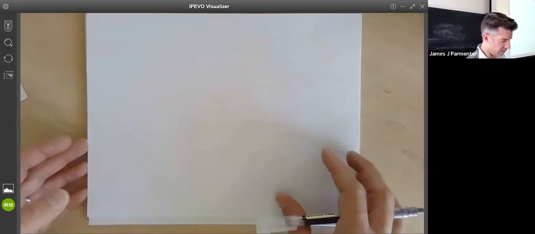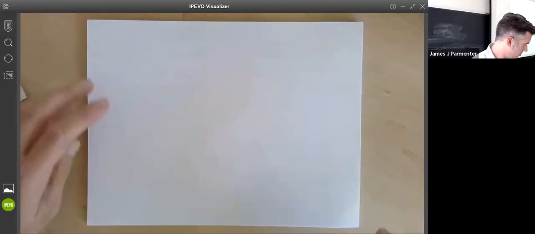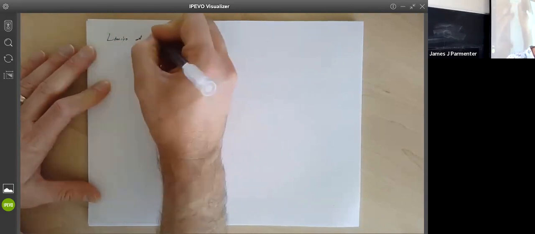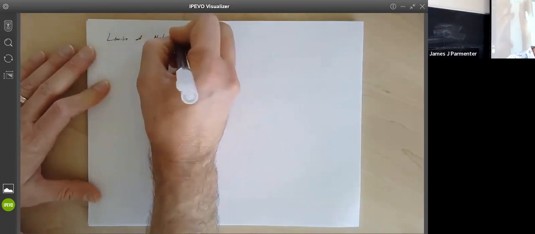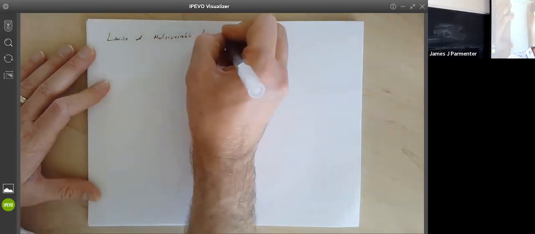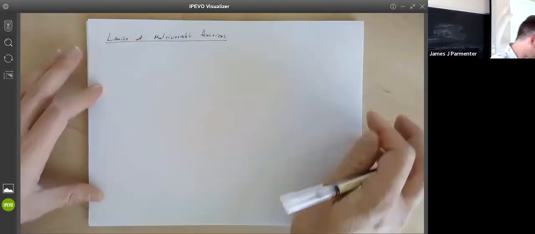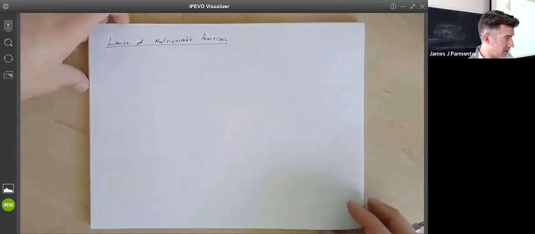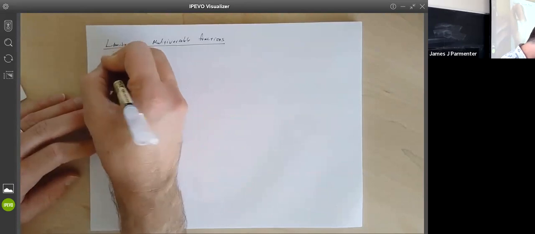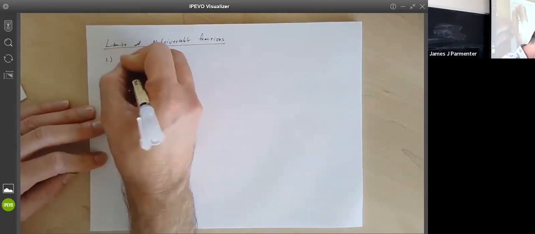All right, let us move on to talking about some limits. So limits of multivariable functions. Before we get there, let's just remind ourselves of a few things from 21A. If you're doing limits in 21A, I would say there's maybe 3 rules to remember.